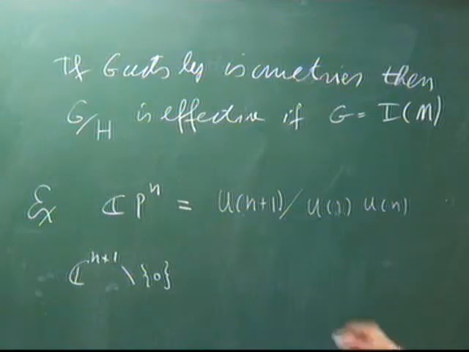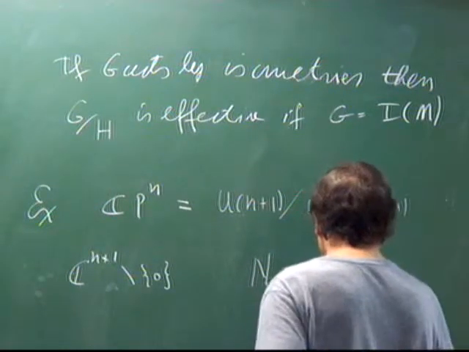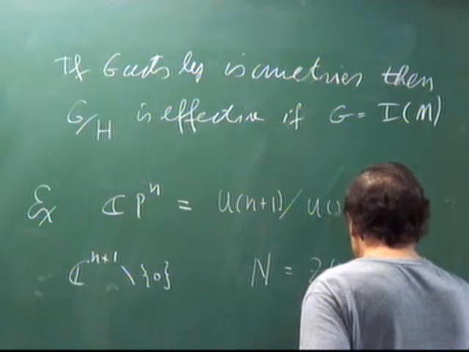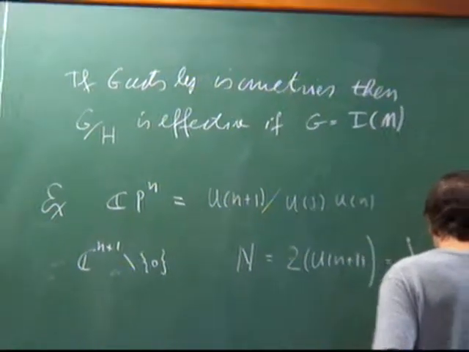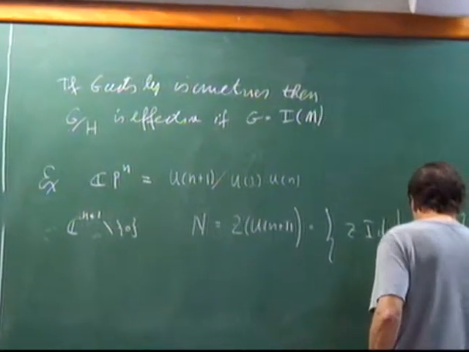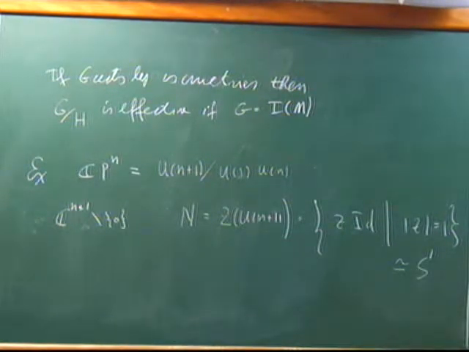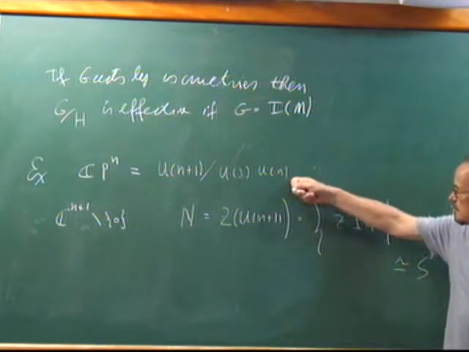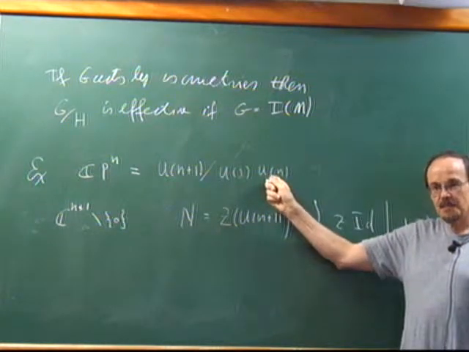Right. So N is equal to the center of U(N+1), which remember is Z times identity. So there's a circle inside U(N+1), which just takes all the lines to all the lines, because it's Z times identity. It sits inside H, of course, diagonally.